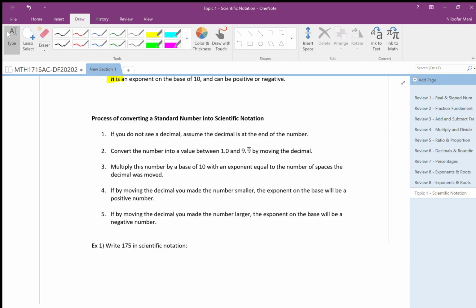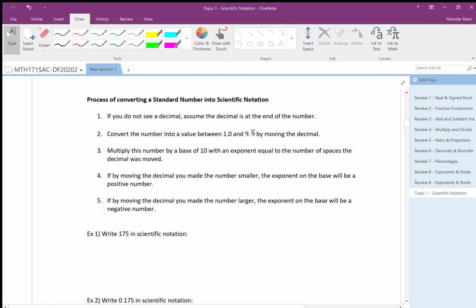As you know, I don't like to memorize the steps, but I want to show you here. You have 175. 175 is not from 1 point something to 9 point something. So I want to change it to scientific notation. If I don't see a decimal, I just consider one decimal at the end of the number.